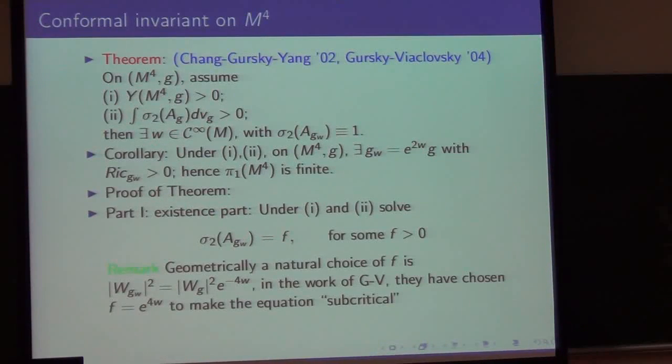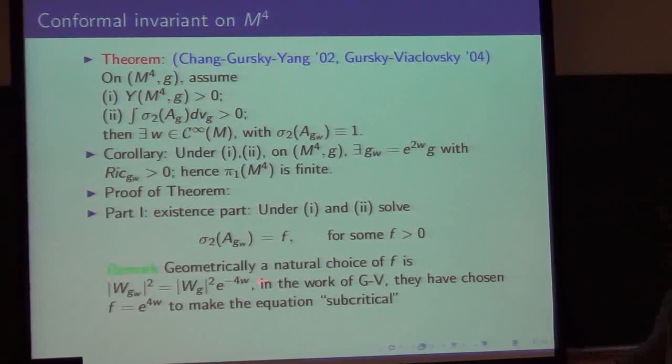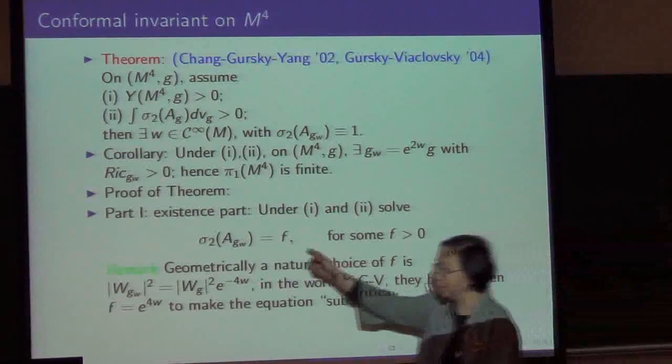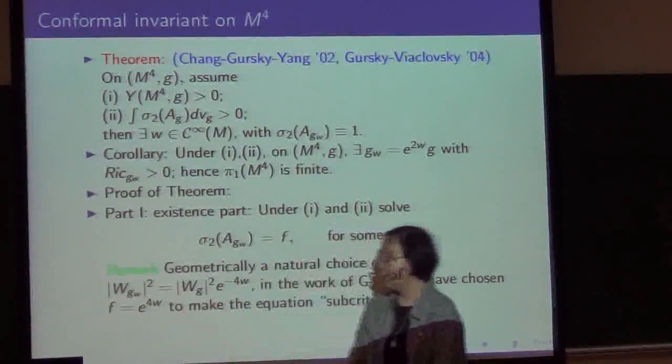This is the hard step because it's not clear how to use this sign condition to say the PDE is solvable. And the natural choice of this function f turns out to be the Weyl curvature.